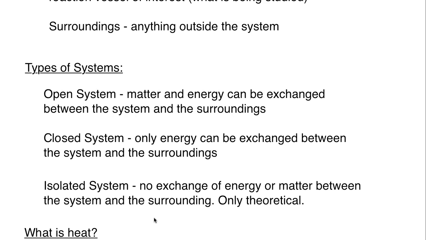So an open system is a situation or a system where matter and energy, both of them, can be exchanged between a system and its surroundings. So not only can energy itself be transferred back and forth between the surroundings and the system, but matter is free to leave the system, and matter is also free to enter the system.